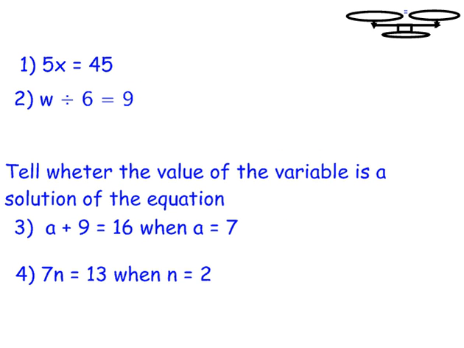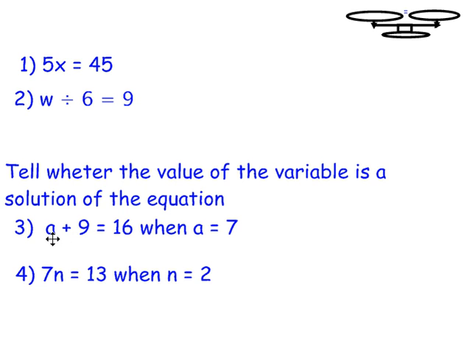Here are 4 problems that I'd like you to do. The first one is 5x is equal to 45. The second one is w divided by 6 is equal to 9. On these two, you're trying to find out what x is and what w is. So in the end, for number 1 you should have x is equal to this, and for number 2 you should have w is equal to this. For 3 and 4, they want you to test the equation with a variable.